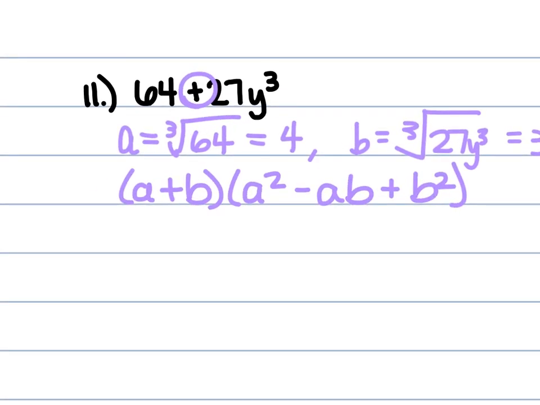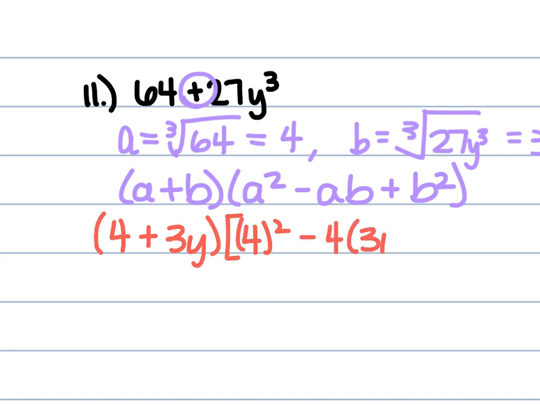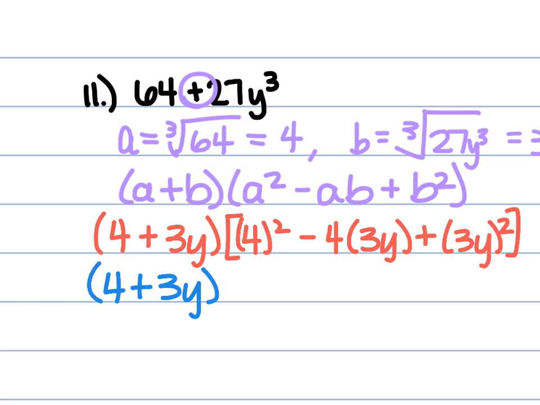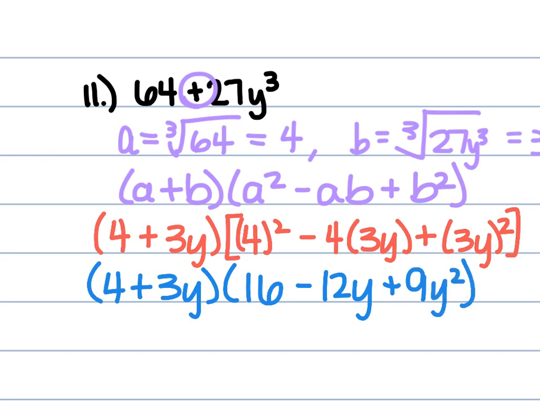So this is going to be 4 plus 3y times 4 squared minus 4 times 3y plus 3y squared. So 4 plus 3y stays. We're going to multiply that by 16 minus 12y plus 9y squared.